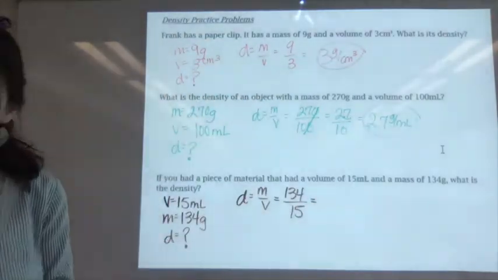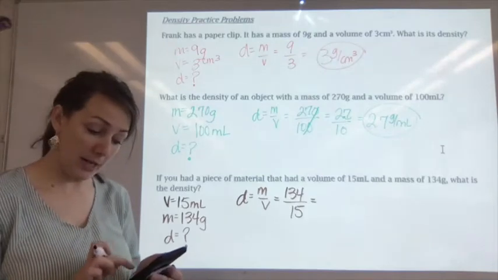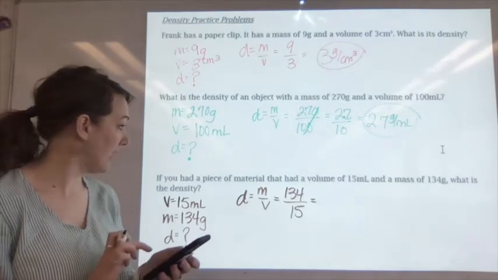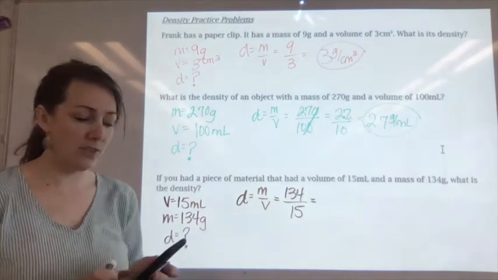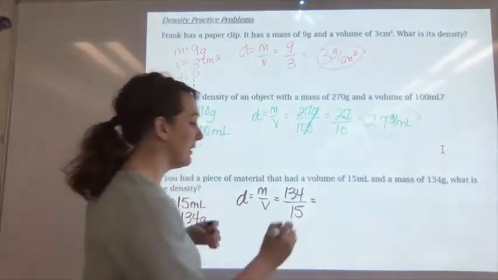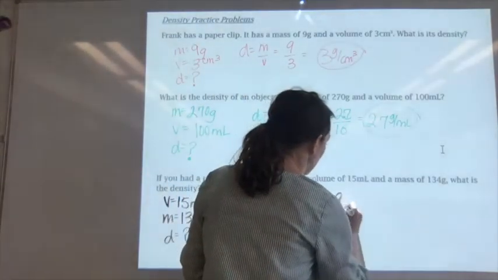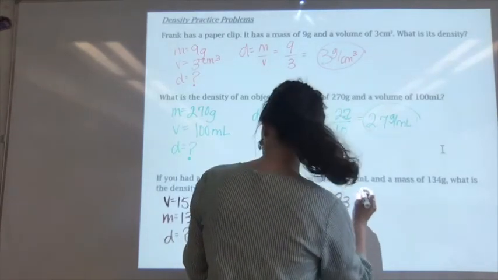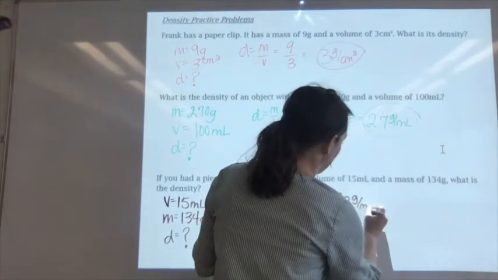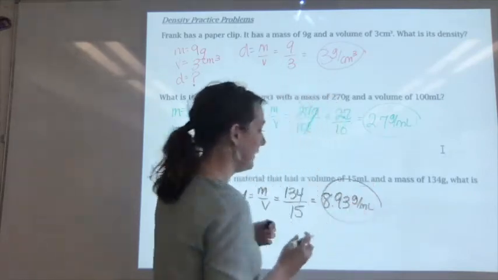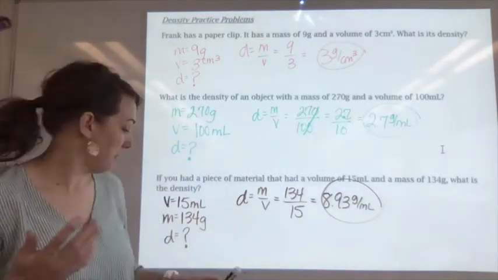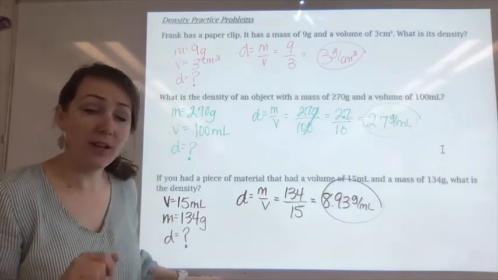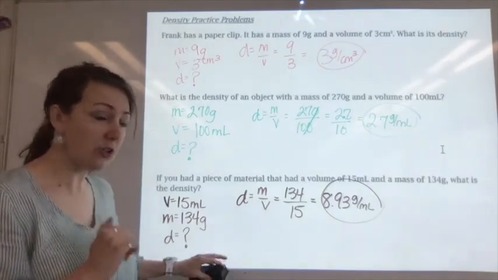And when we divide that out on our calculator, which I'm going to use too, no shame in a calculator, 134 divided by 15 gives us 8.93 grams per milliliter. How did you do? If you did well, great job. If you didn't do well, that's okay. Just hit reverse and try again.